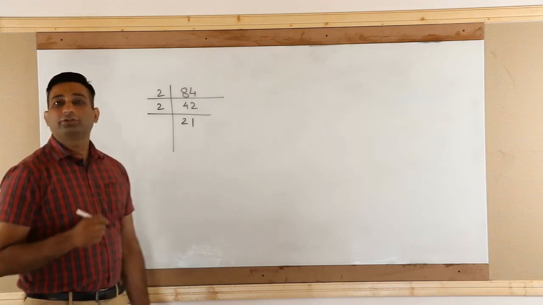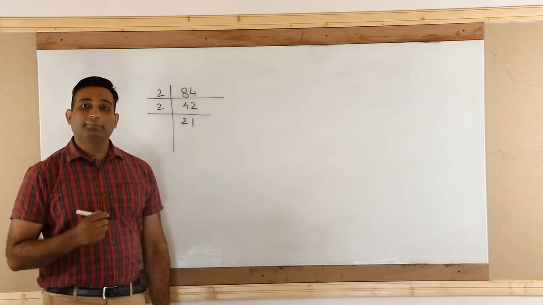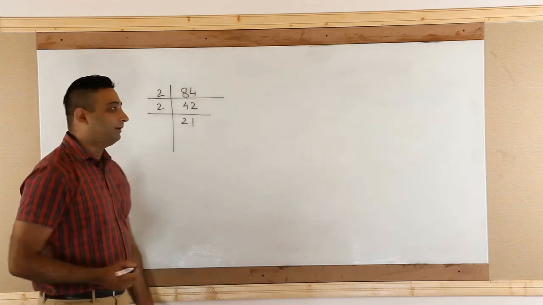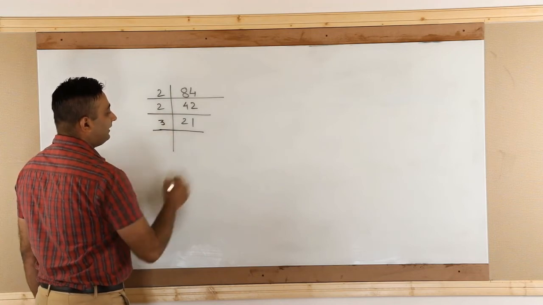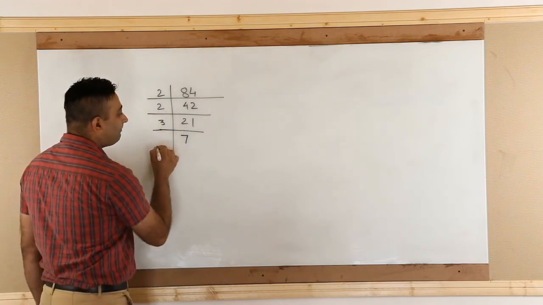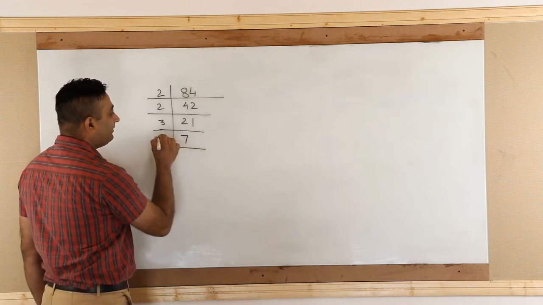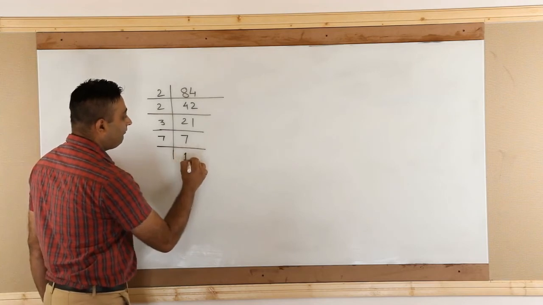Now 21 is not divisible by 2. Now we will check by dividing this number by the next prime number, that is 3. So this is divisible by 3, and we get the quotient as 7. Now 7 is a prime number. So 7 is divisible by 7 and the quotient is 1.